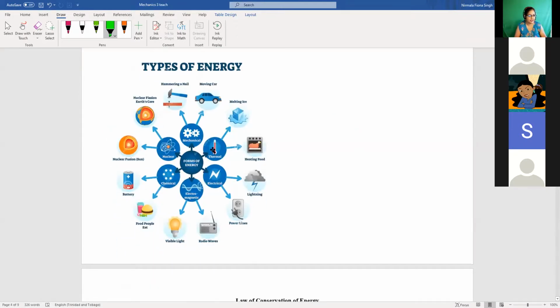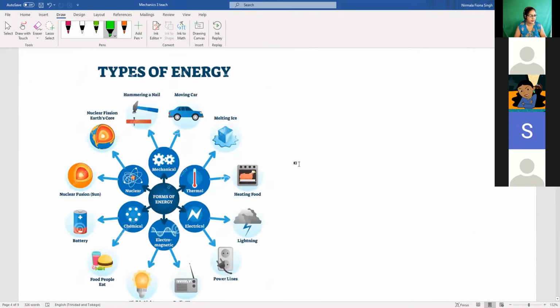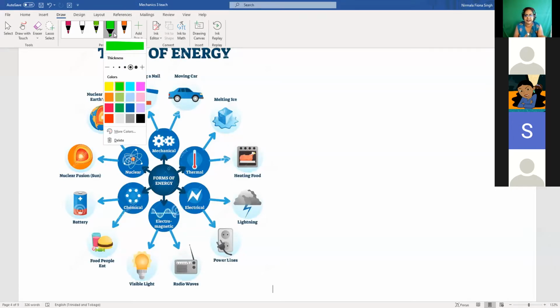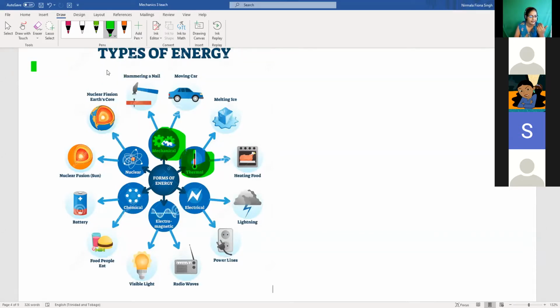Types of energy. I think I need to zoom in a wee bit more for this one. We have types of energy. This is why I say physics is basically the study of energy, because if you look at your syllabus, you're going to realize that each one of these topics falls under a branch of physics.